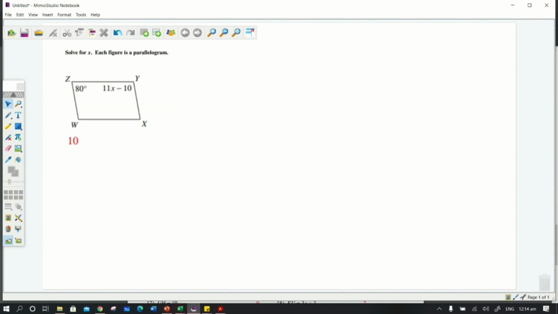Okay, let's have example number 2. In the figure, we have parallelogram ZYXW. The value of x here is equal to 10. Now let's try to prove how it happened that the value of x is equal to 10. To solve this problem, we're going to first identify what property of parallelogram we're going to apply here. So notice that angle Z and angle Y are consecutive angles.